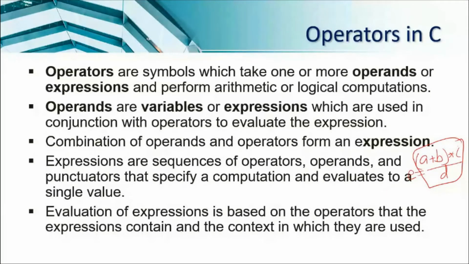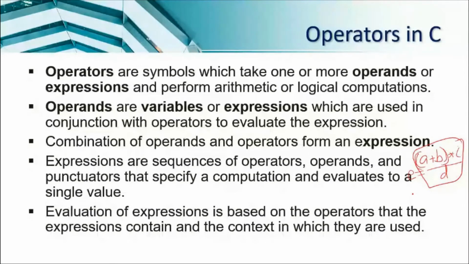So the evaluation of the expressions is based on the operators that the expression contains and the context in which they are used. How this is evaluated depends on the position of the operators and the context in which they are used, like this one, A plus B, given inside a bracket.